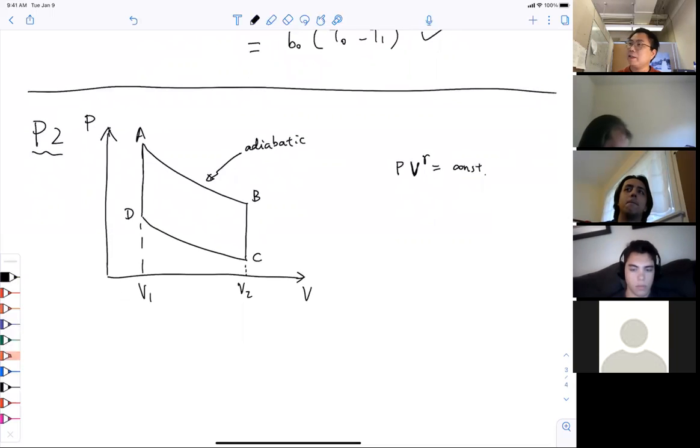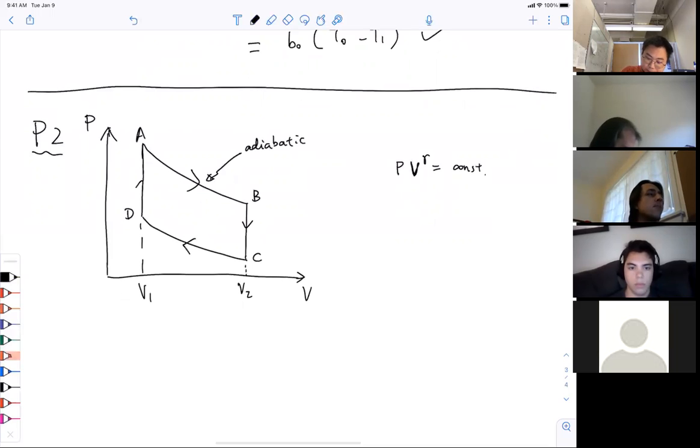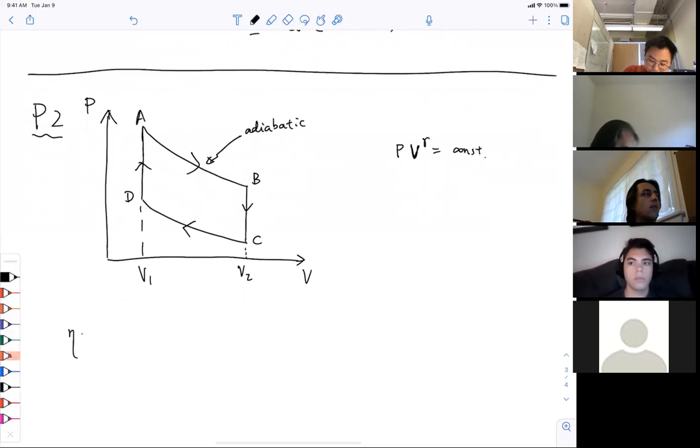And part B, you need to calculate the efficiency of this process. It's an engine, right? We know the efficiency is given by 1 minus QC divided by QH.